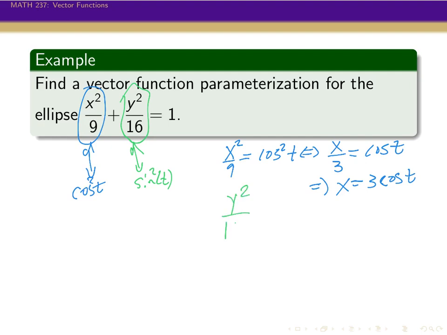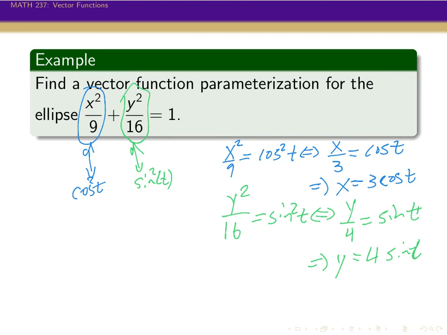Y squared over 16 is equal to sine squared. Well, that means that y over 4 is equal to sine, and so y is equal to 4 sine t.